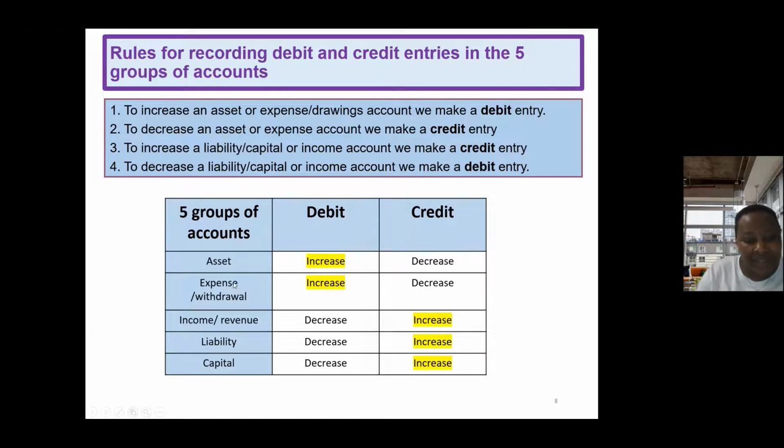If there is a decrease in assets, expense or withdrawal, it would be a credit entry. If there is an increase in liability, capital or income, those accounts would have a credit entry. But if there is a decrease in liability, capital or income, we make a debit entry.